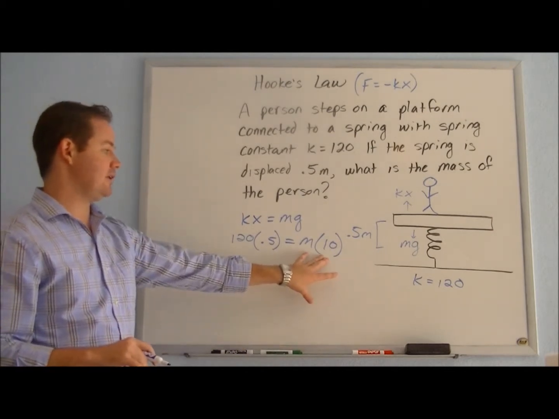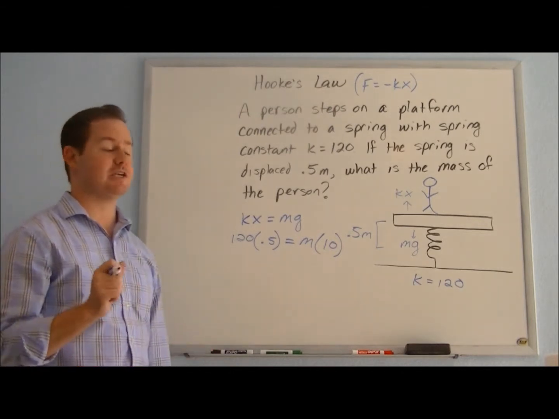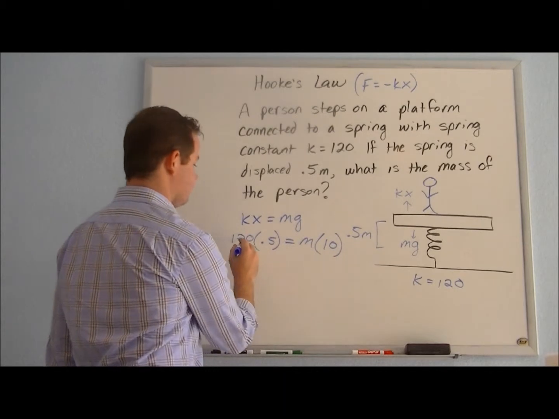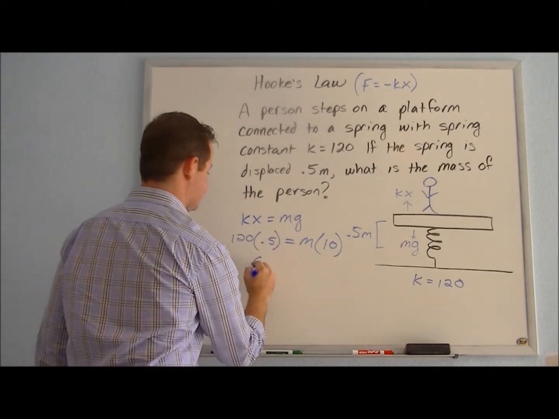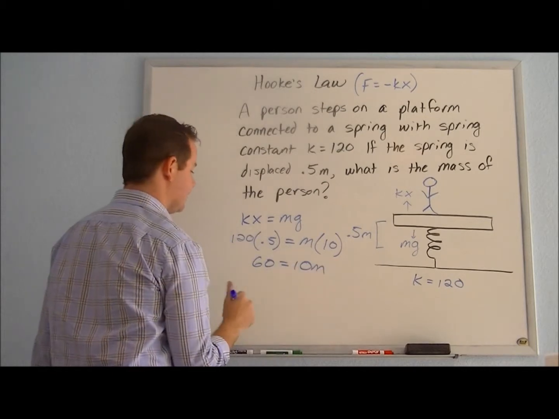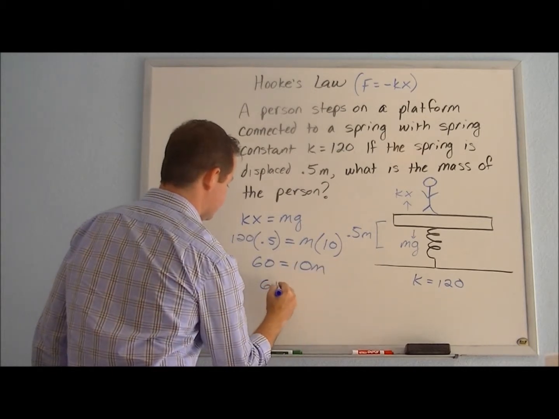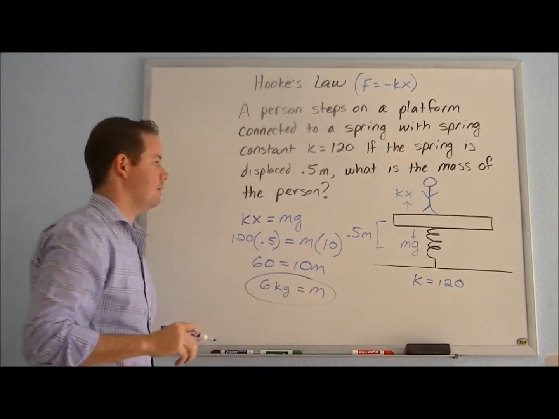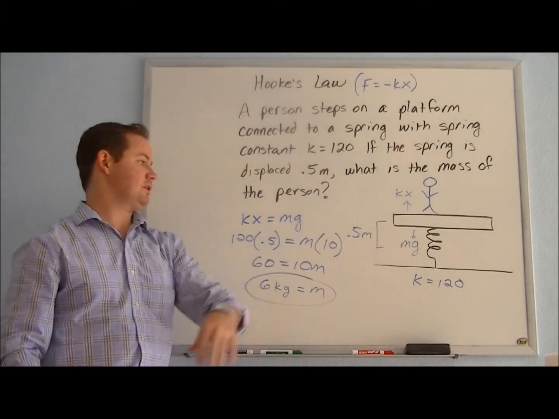Just to make the math easy so that we make sure we understand this conceptually, we're going to use 10 here. So to do the math on this, 120 times a half gives us 60, is equal to 10m. And when dividing by 10, we get 6 kilograms as the mass of our person who is displacing this platform by 0.5 meters.